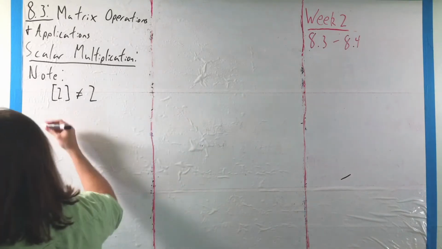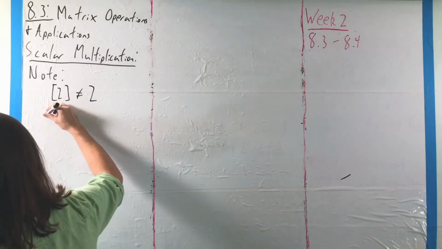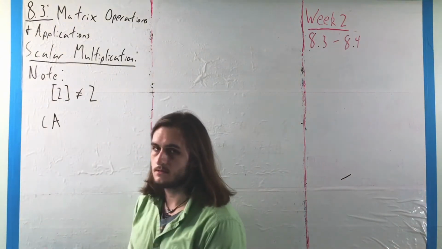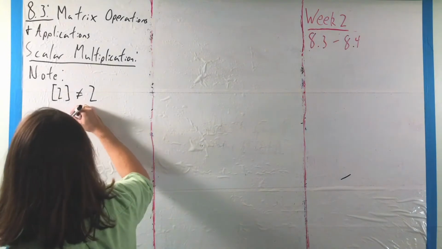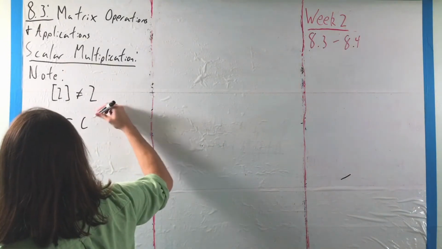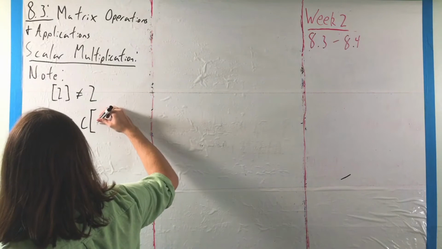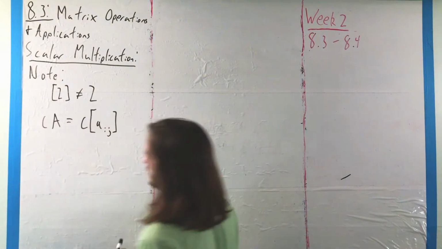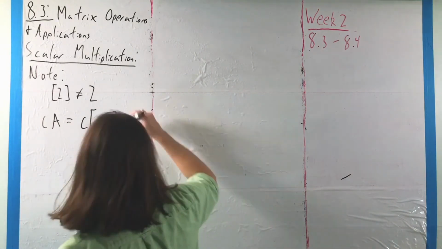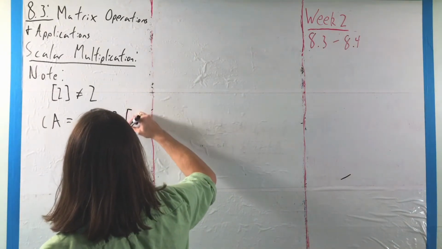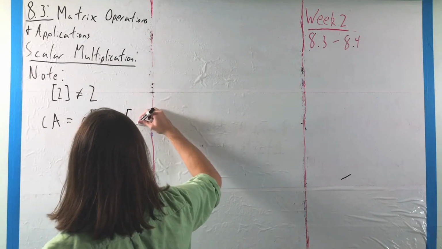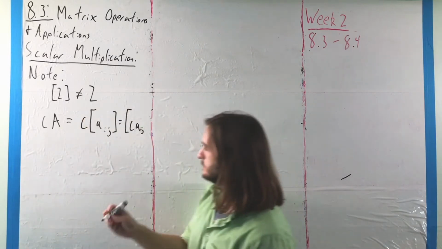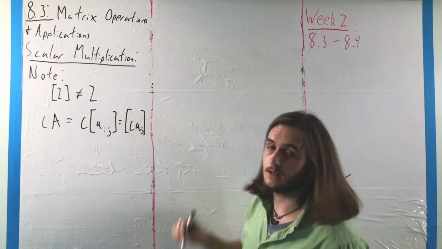For some constant c and a matrix A, we can write this as the constant c times the matrix of our elements a_ij, or if we want to be a little more specific about it, we can think of this as c times each of the elements.